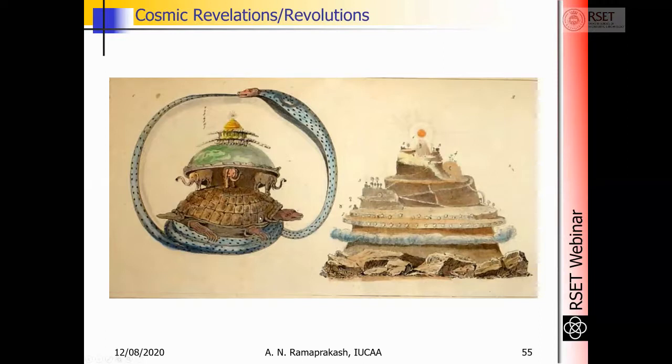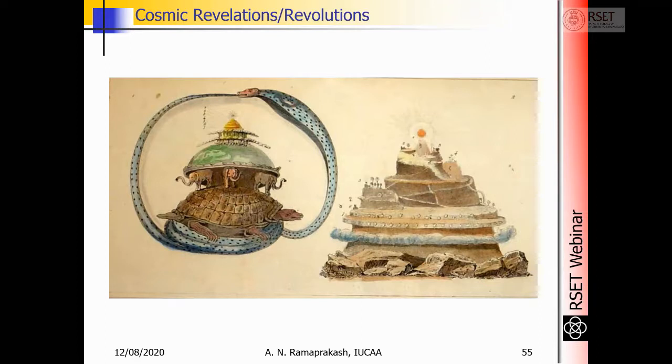We have this in Hindu philosophy: there is a turtle sitting on top of the Sheshnag, and there are elephants sitting on top of the turtle, then the Mandara mountain, and so on and so forth. This is our belief, and the earth, and on top of it, there are these various heavens. This is what we believed our universe looked like for thousands of years.